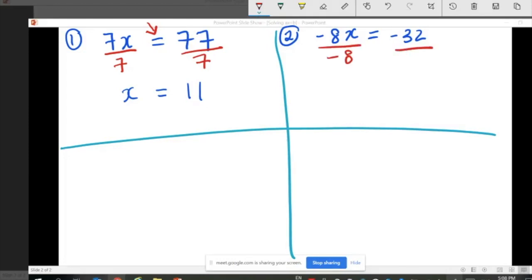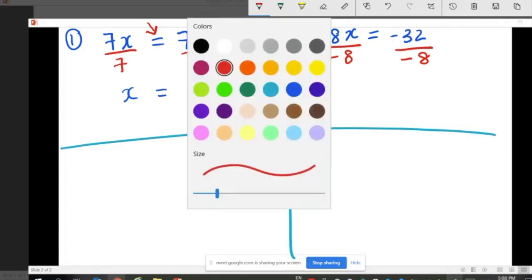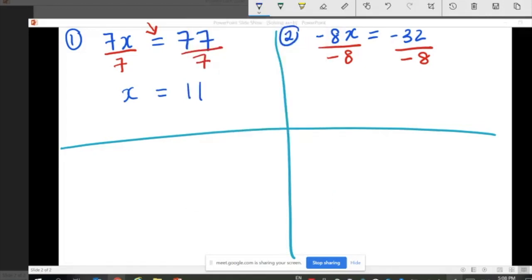And I need to do the same for the right-hand side. Negative 8x divided by negative 8, I'll get a positive 1x. Negative 32 divided by negative 8, I'll get positive 4. So the answer is x equals 4.